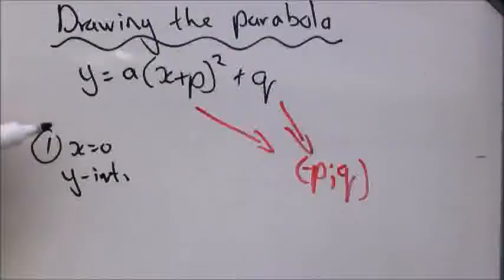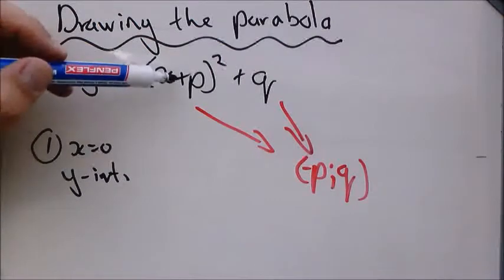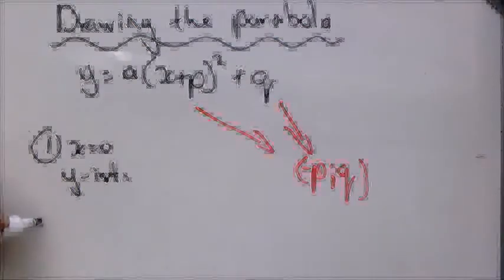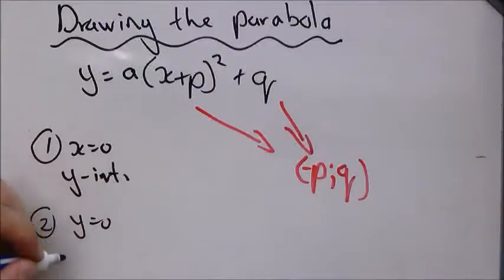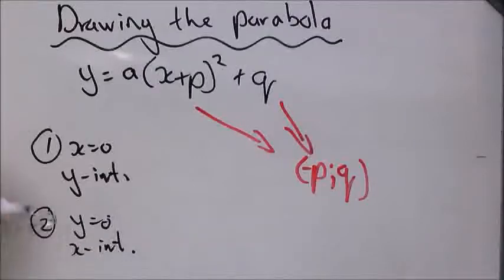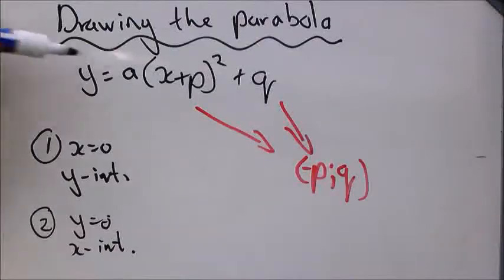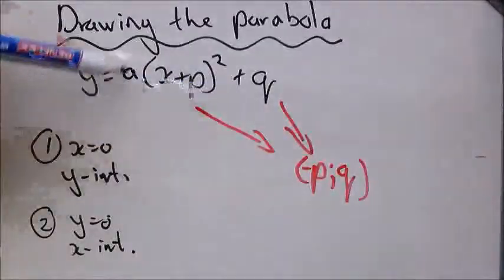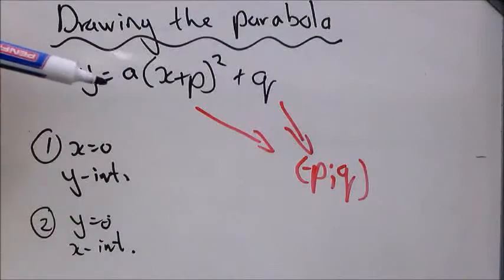Second step, you can clearly see the turning point, but you don't have to do that second. You can make y 0 and get the x-intercepts as a second step as well, because you will identify this structure from completing the square.